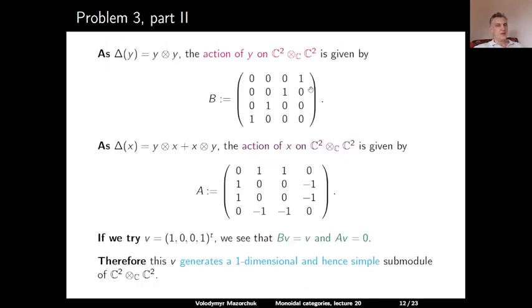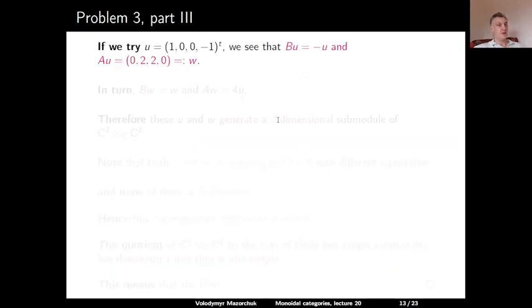So if we apply b, we see that b times u is minus u, because we have here 1 and here 1, which will swap them. And then au is equal to 0, 2, 2, 0. We denote this vector by w. And in turn, if we apply b to w, we will get w back, and aw is equal to 4 times u.